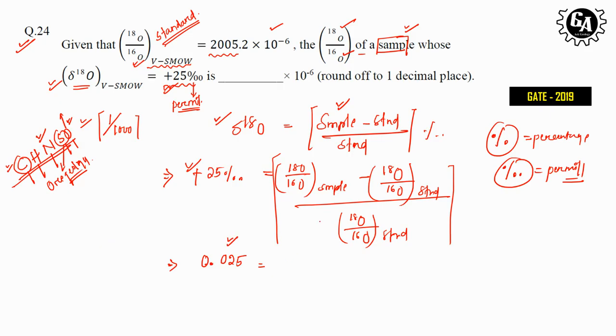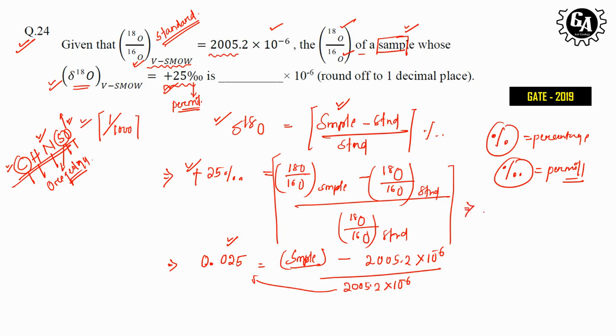The sample value we have to calculate. The standard value is 2005.2 into 10 to the power minus 6, which divides the expression. So it will come to this side and multiplication will happen.